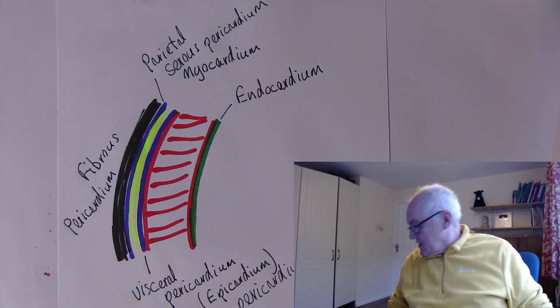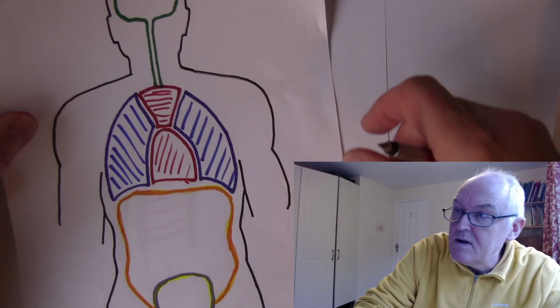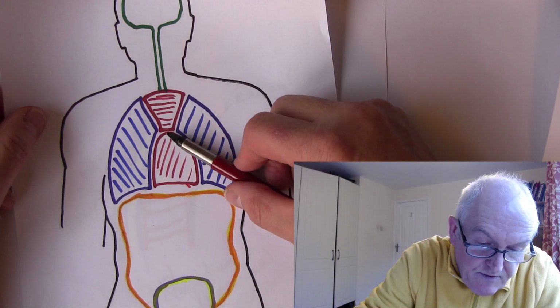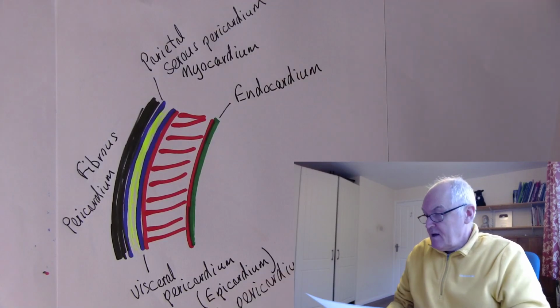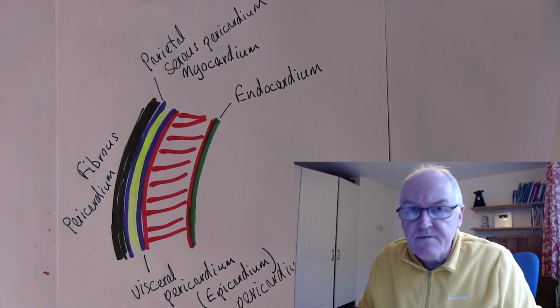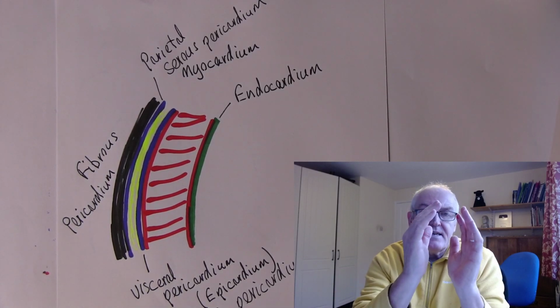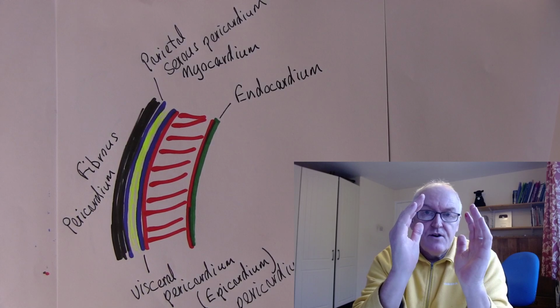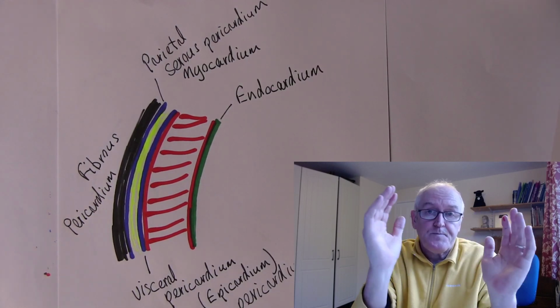So when we're looking at the heart with a diagram like this one, for example, what we're really looking at here is the fibrous outer pericardium. It's a tough sac. And that protects the heart, but because it's a tough sac, it will only expand so much. So it'll expand to that point, and it's tough fibrous tissue. It won't expand to that point. It won't overexpand.